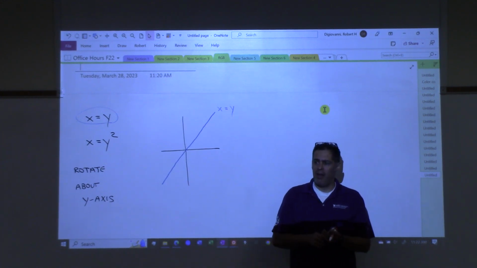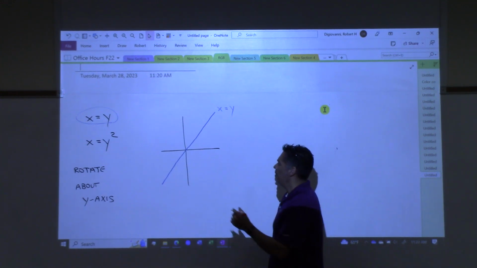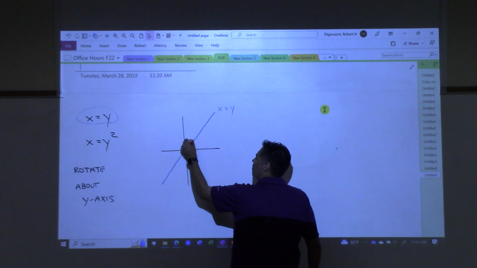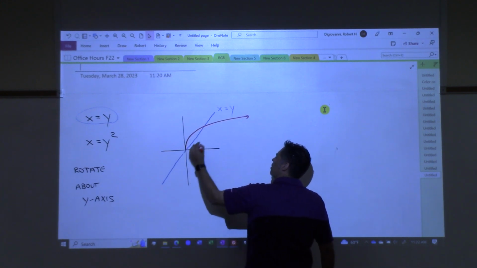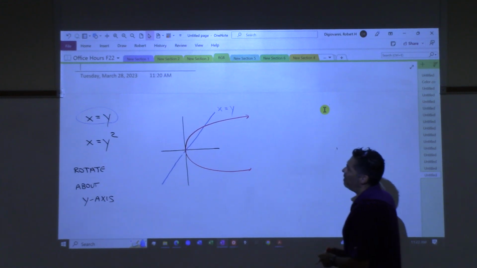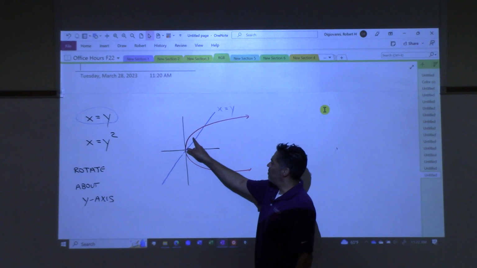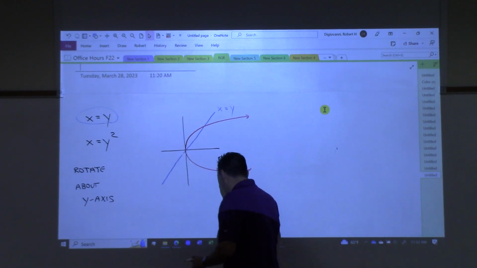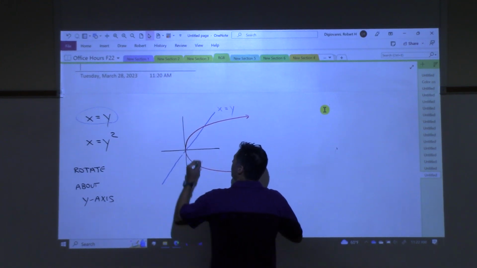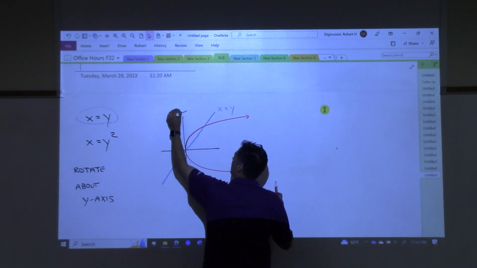I showed you on your calculators how to use the parametric mode to graph this, but it's a parabola that goes like this, and this way as well. Do you all see the region bounded by the two curves? There's only one region, right here. I'm going to take that region and wrap it around the y-axis. So my axis of rotation is here, like this.